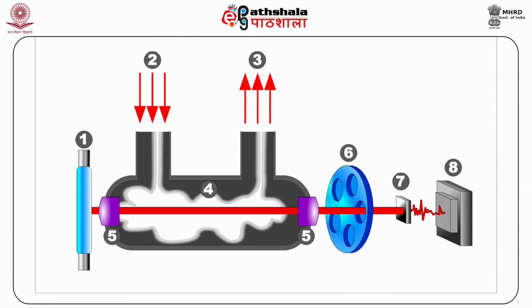The device contains a source of IR radiation like a lamp generating an IR beam. The IR beam is made to pass through the chamber containing the sample and is then focused on a rotating filter wheel with the help of a lens.